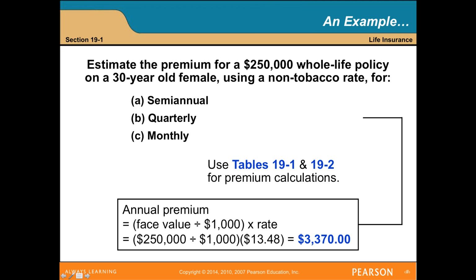The annual premium is going to be, again, face value divided by 1,000 times the rate. So in this case, it's going to be 250,000, which is given, divided by 1,000, which is provided by the formula, and then times the rate. And the rate, of course, you're going to get from the tables. It's not from up here. So then here we have $3,370.